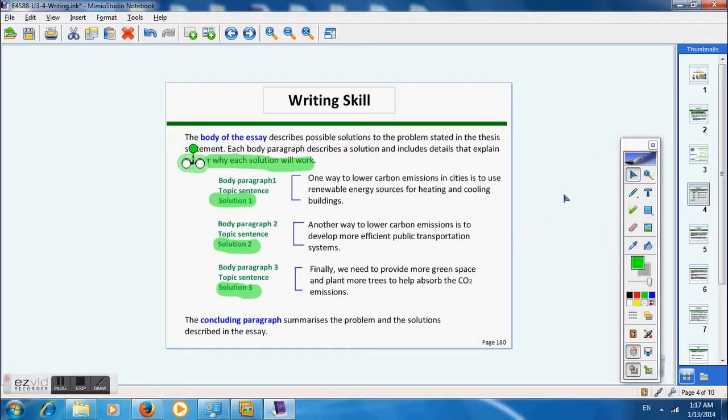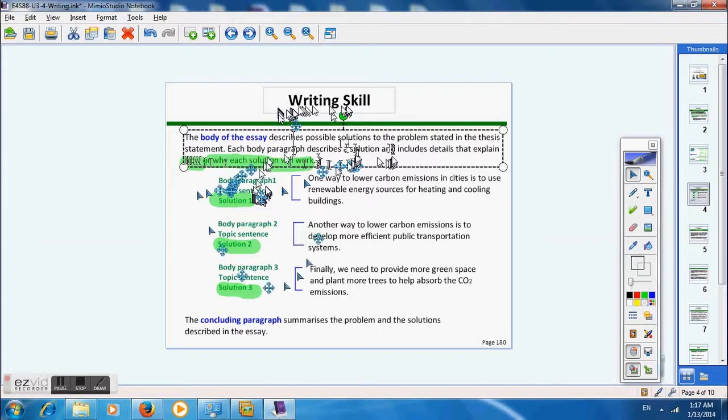This is the one that I told you about a while ago, that you just don't state the solutions, but you also have to explain how and why your solutions will work.